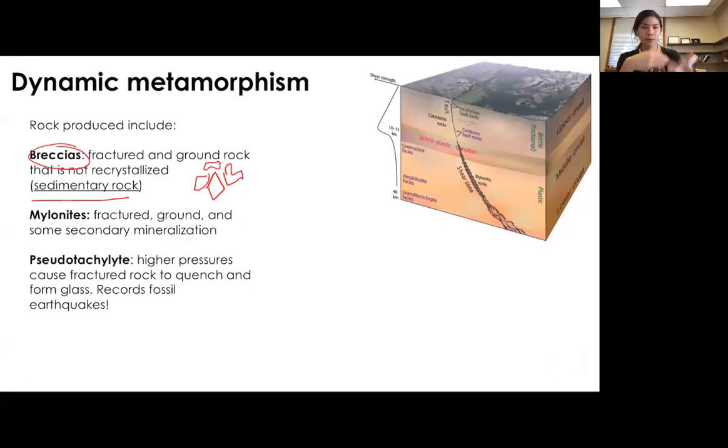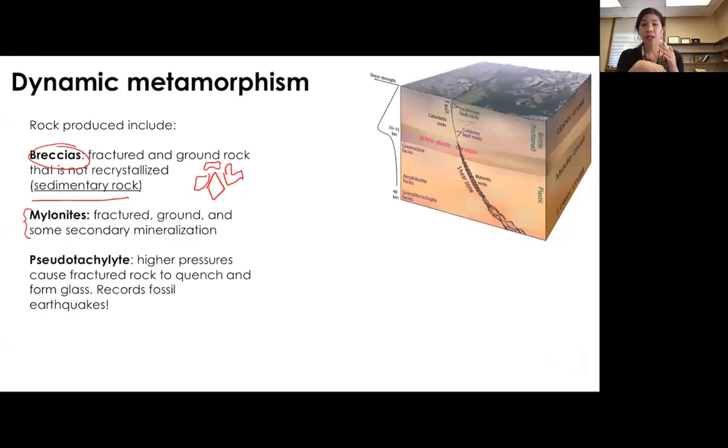However, as we get a little bit higher pressures in dynamic metamorphism, we start to get into true metamorphic rocks like mylonites and pseudotachylites. Mylonites are highly fractured and ground rock. It often contains a little bit of secondary mineralization, and they're found quite frequently near faults as well as near old impact craters.